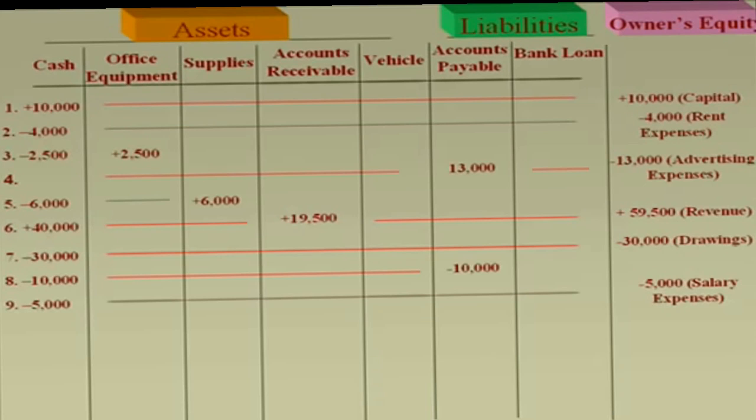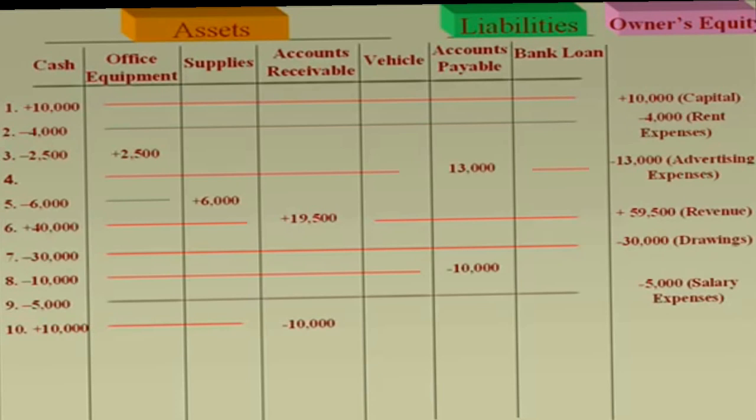What's the next one? Received 10,000 cash from customers you previously billed in transaction 6. Look at the accounts receivable. They owe you 19,500. How much did they pay you? 10,000.